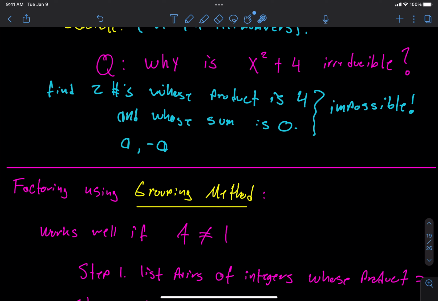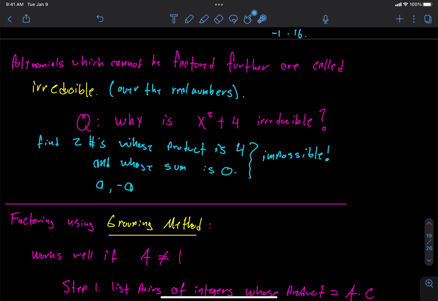So that's what we would call an irreducible polynomial. Anytime that you want to say a polynomial is irreducible, by the way, you will need to make an argument such as this in order to justify that claim. Any questions about irreducible polynomials?